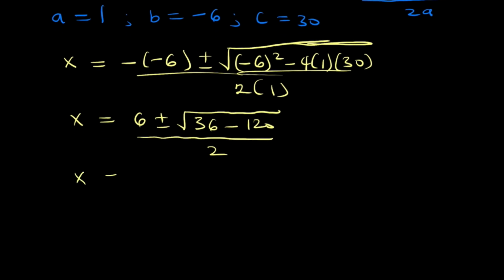Therefore x is equal to 6 plus or minus the square root of, now 36 minus 120 would give us negative 84, then divided by 2. So because of this negative under this radical sign, this is complex roots.